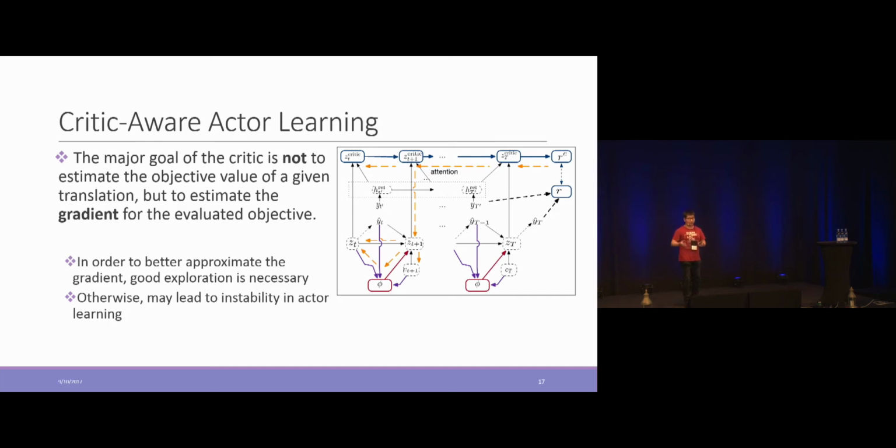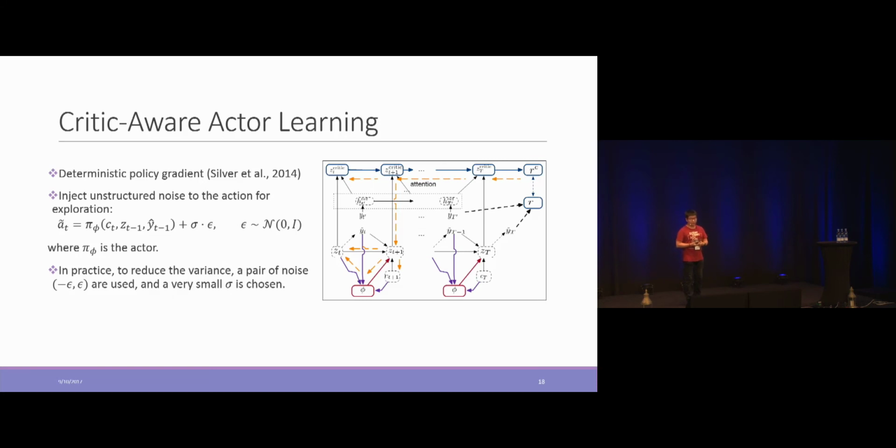In that case, we can predict the gradient well. And in order to do this, we need a better exploration method in the action space. Otherwise, it may lead to very unstable actor learning.